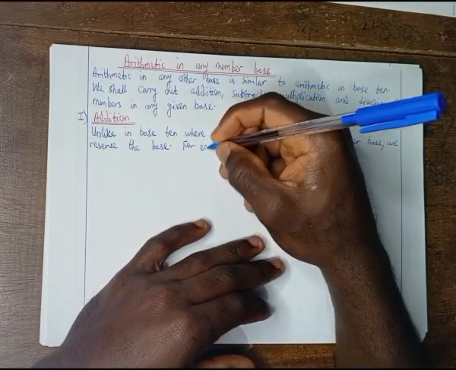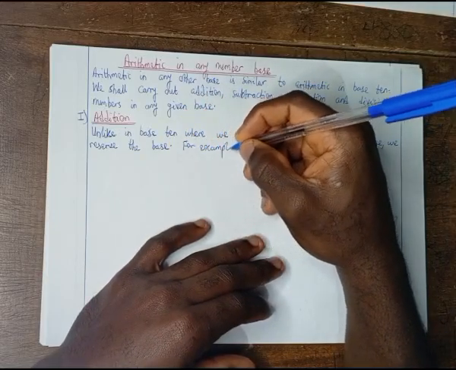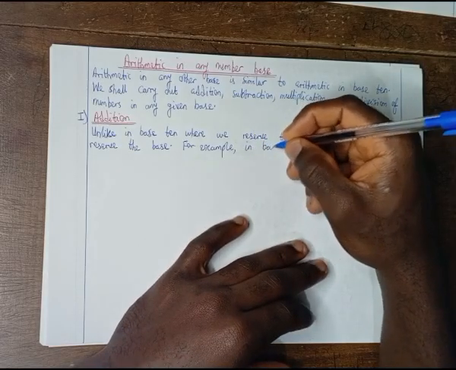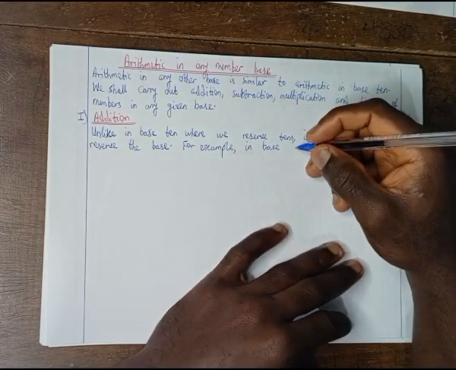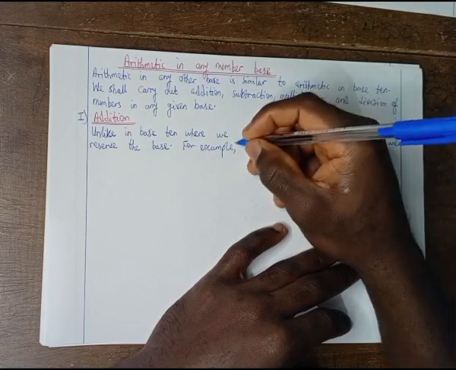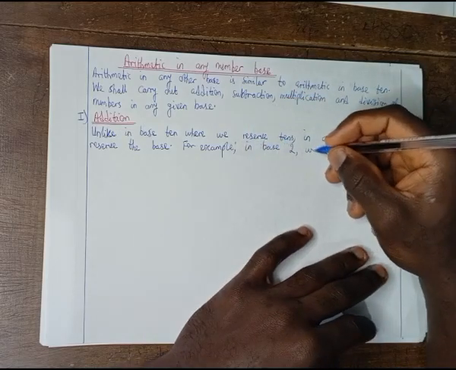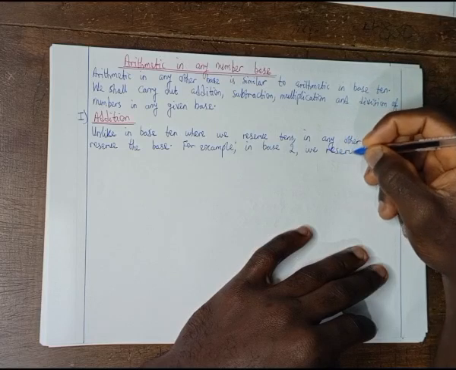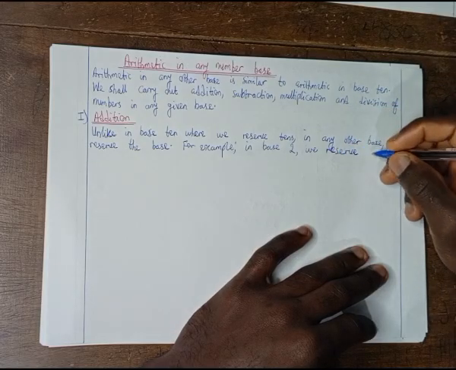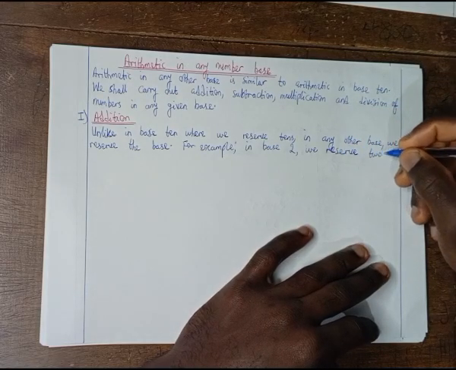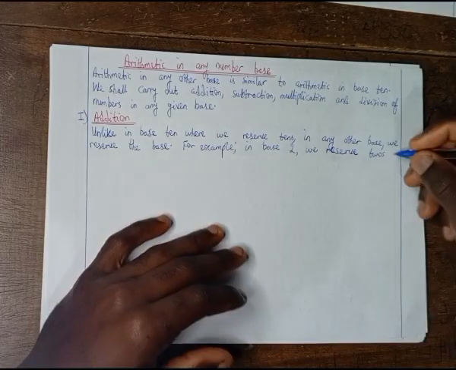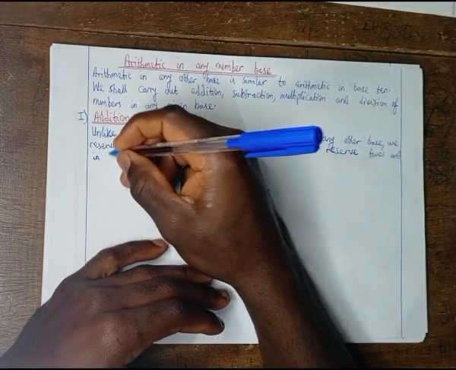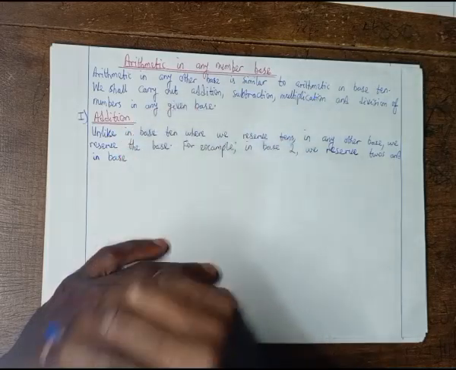For example, in base 2, we reserve 2's, and in base 5, this is another example.